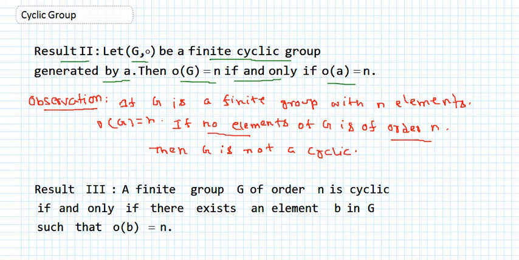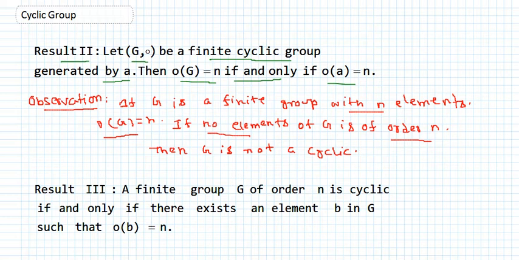If G is a finite group with n elements, so order of G is n, and we find no element of G of order n, then you can definitely be sure that G is not a cyclic group.